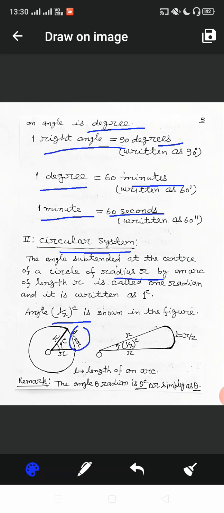When the angle is measured in the circular system, then the word radian with the angle is generally omitted. The angle theta radian is theta to the power small c, that is theta radian, or it is simply written as theta also. So we generally write as theta.